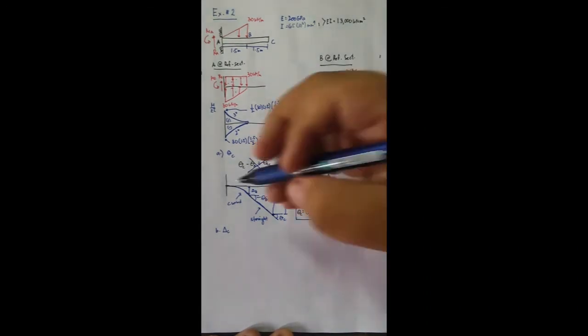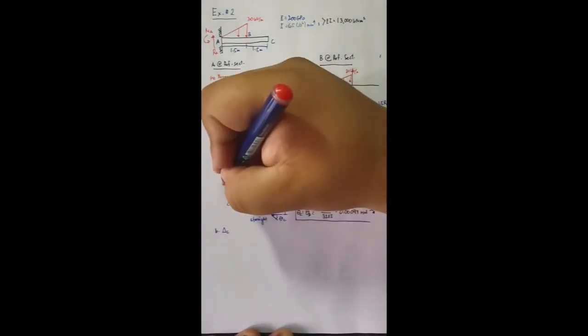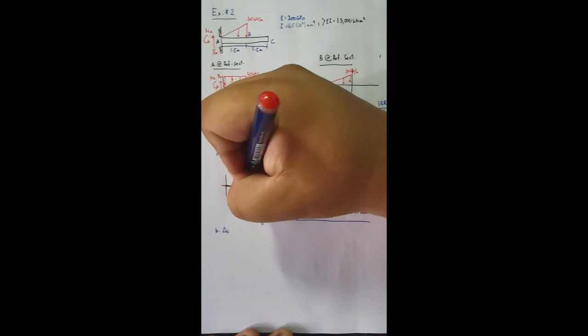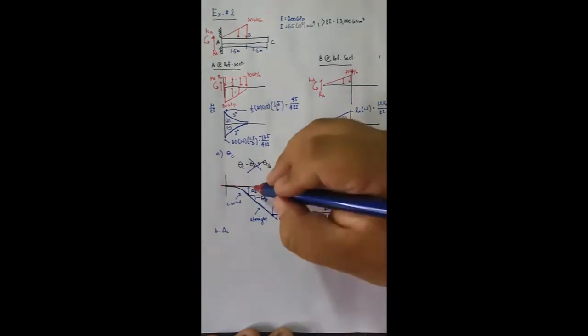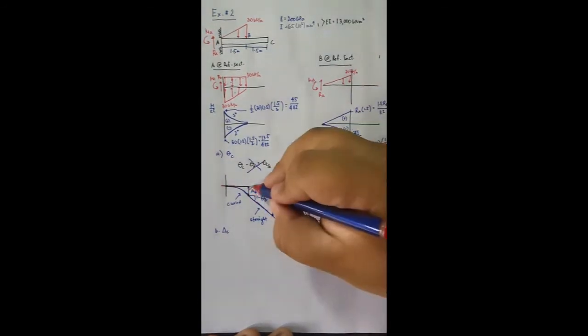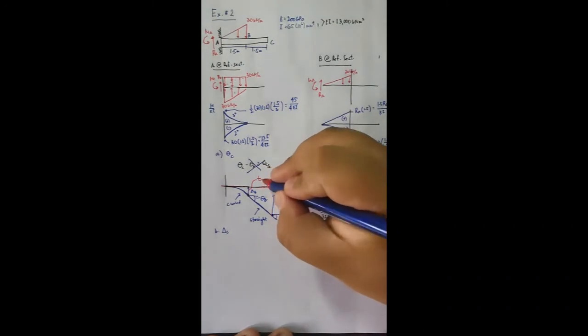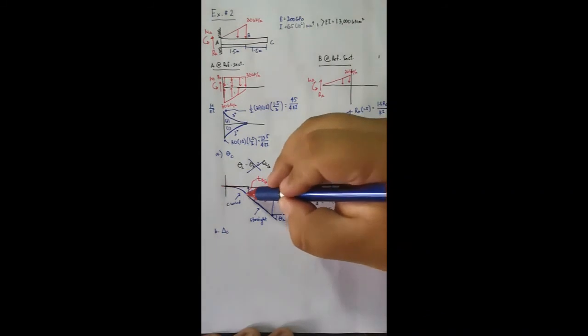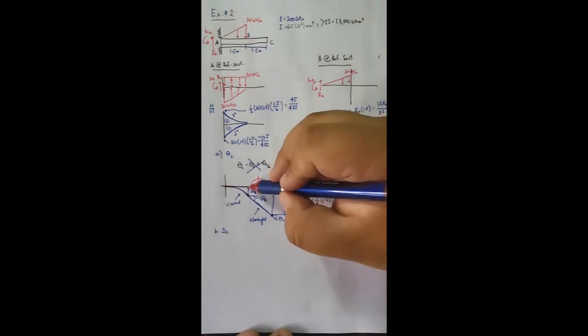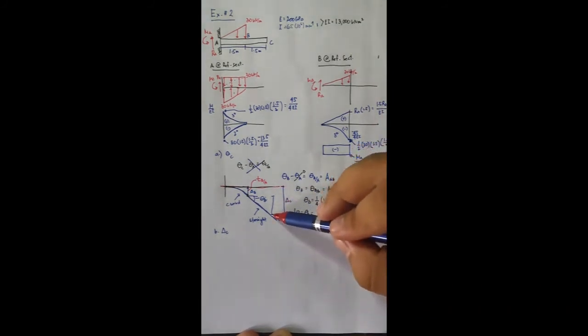Since itong part na to ay curved, if we draw the tangent line at A, straight line lang siya. So, ito po, tangent line at A, straight line. So, ito yung final position ni B, ito yung tangent line at A, therefore, this distance is also equal to TB with respect to A. Now, you should be wondering, bakit hindi ito equal sa TC with respect to A?